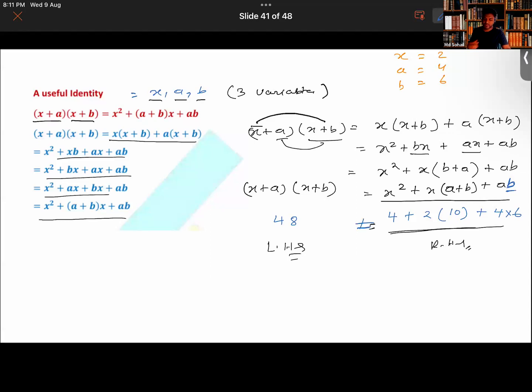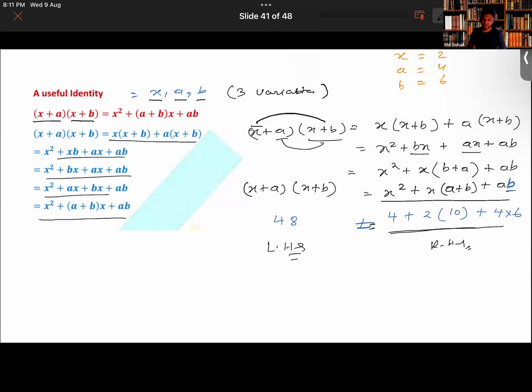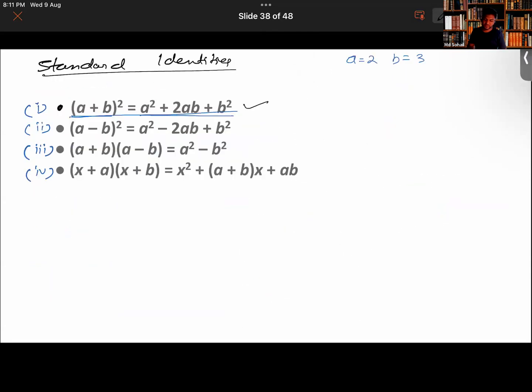Okay, so that is the next identity. So far, we have discussed 4 identities, right? You will be required to solve questions on each of the identities, and you will be having numbers like 199 whole square.